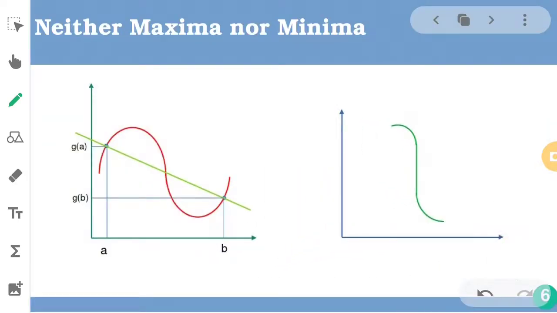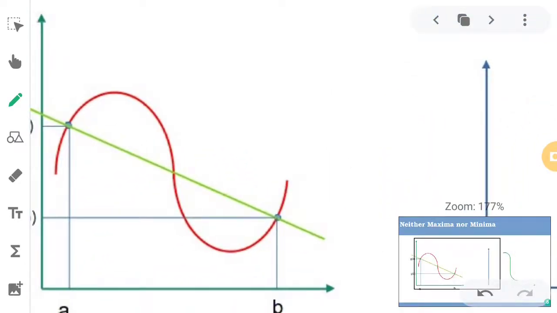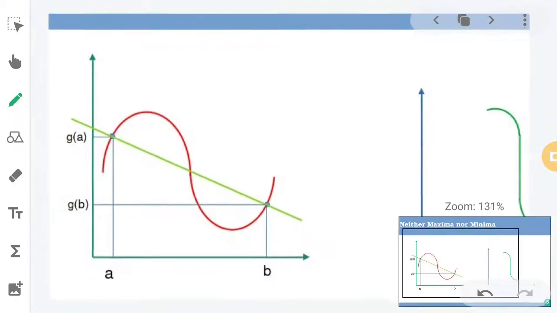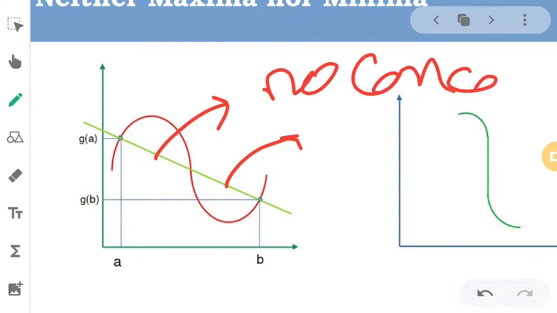But suppose this curve is neither concave nor convex, because for any 2 points joined on the curve, here the line is below the curve and here above the curve, so not concave, not convex.